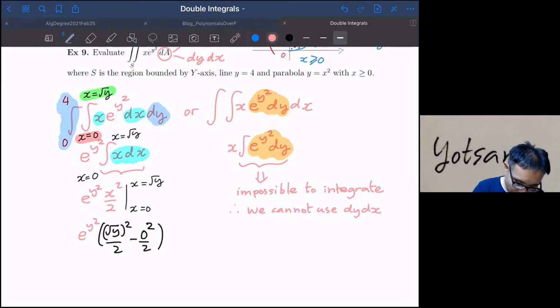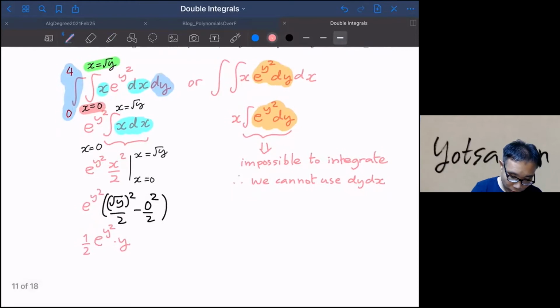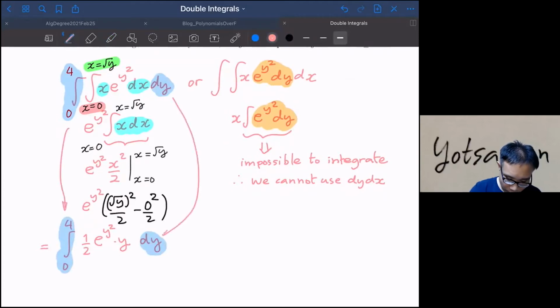So this one will be 1/2 e to the y squared times y, integrated from 0 to 4 dy, which we copy from the top.